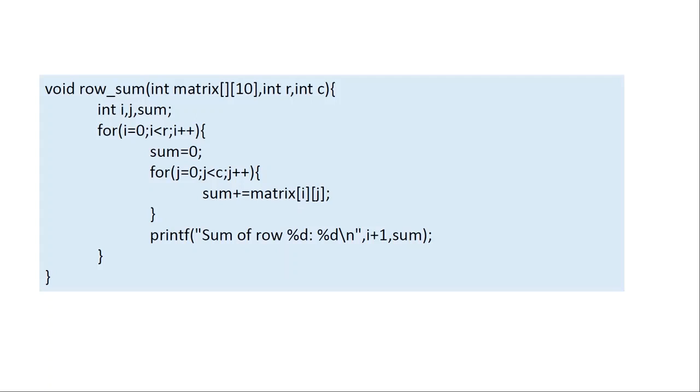When the elements of the first row are completed, it goes out of the inner loop J and prints the sum of that row.